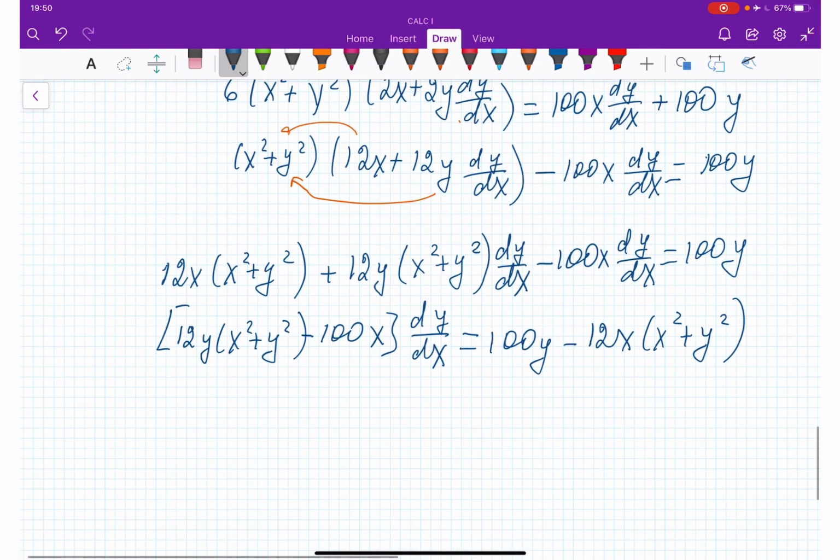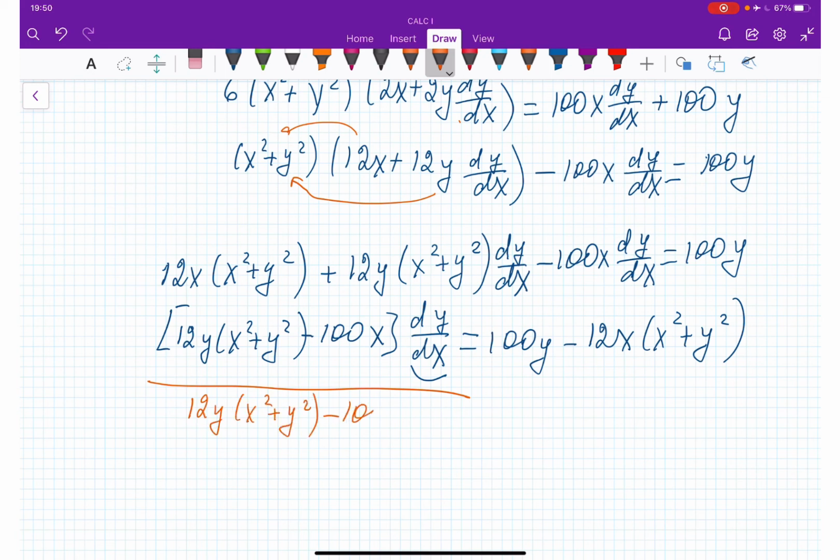Okay, and from here, since I need dy by dx, what am I going to do? Obviously divide by this entire parenthesis, the square brackets. 12y (x squared plus y squared) minus 100x, same thing here, 12y (x squared plus y squared) minus 100x.